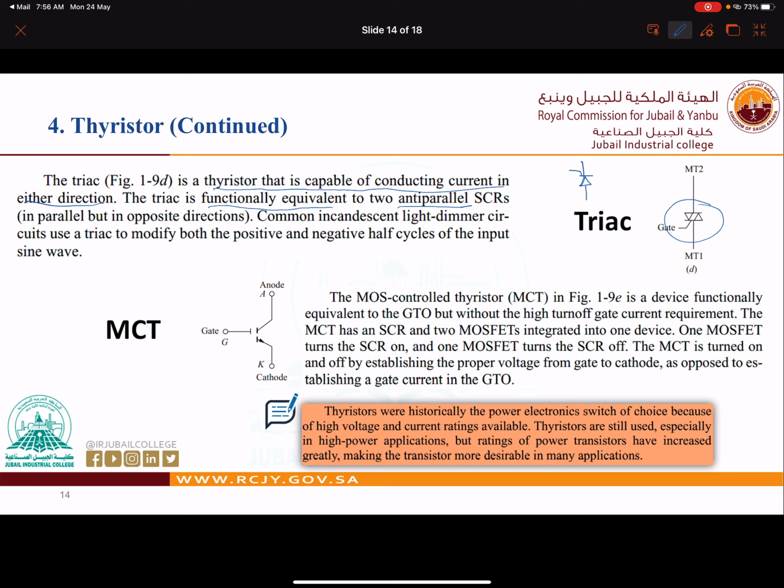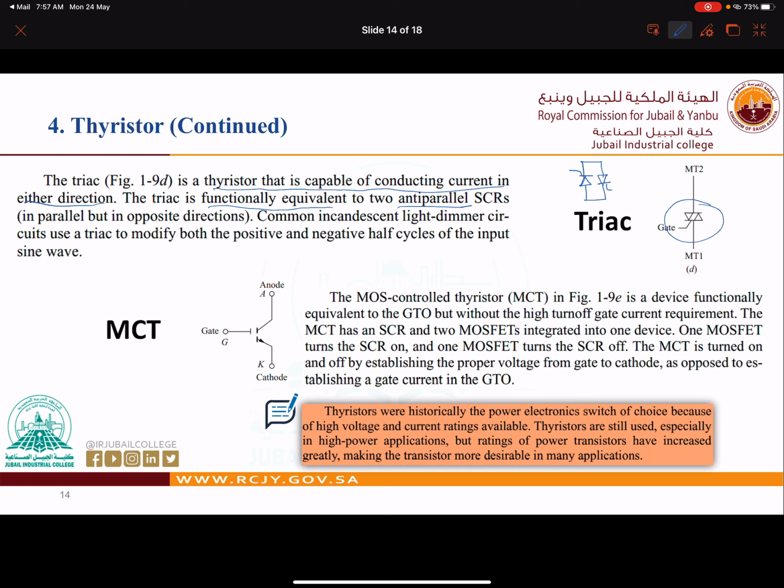Remember, we have here the gate, and this is another thyristor. So they are parallel, SCRs, and they are opposite in direction. So it has a very cool advantage.